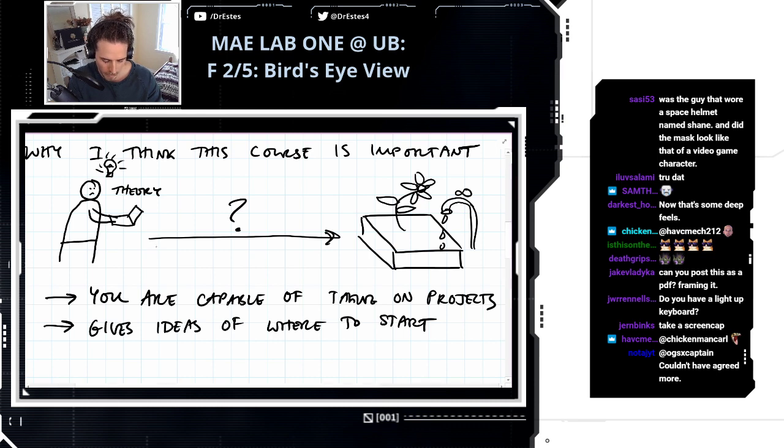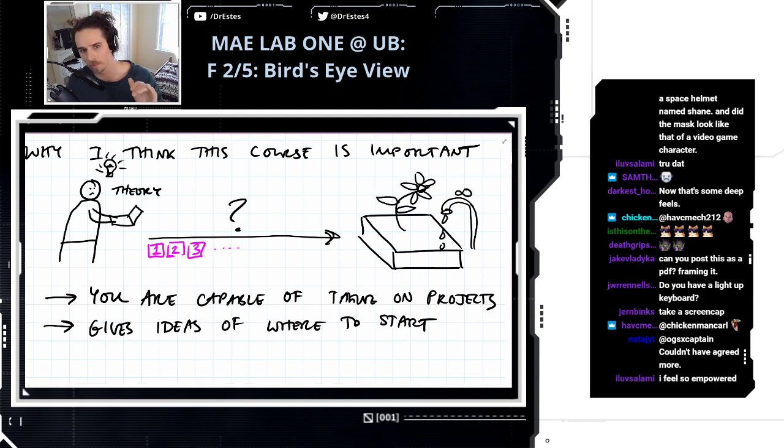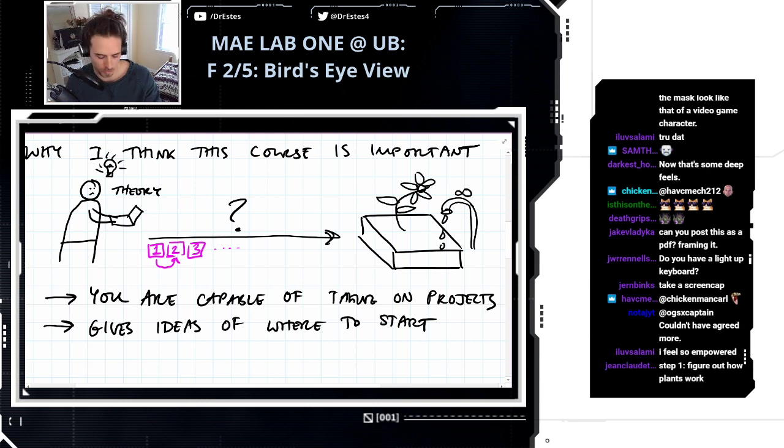Okay, so let's make some steps along the way. Like, let's say you want to do an automated garden or whatever. There's many steps along the way, but anytime you take on a real life project, I think what you find is that, okay, first step, I got my Arduino microcontroller. Step 2, I picked up some sensors and a power source.